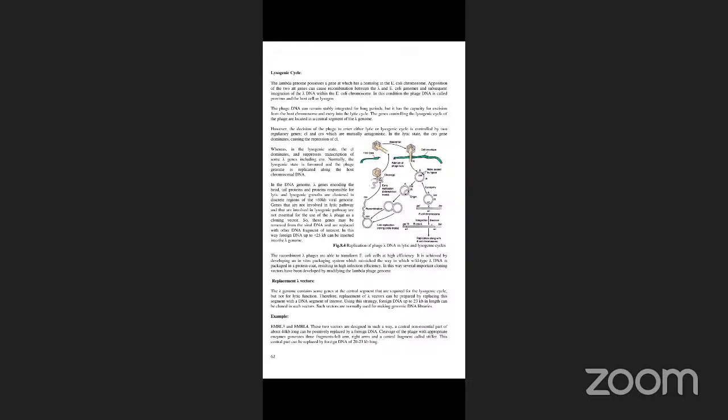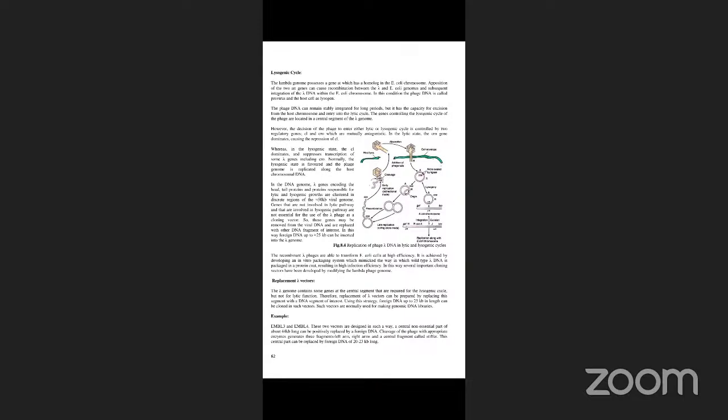Then in vitro packing takes place, the protein coat is formed. All these are important. The packing is done and they will be slowly released, but not completely cleaving the bacterial cell.